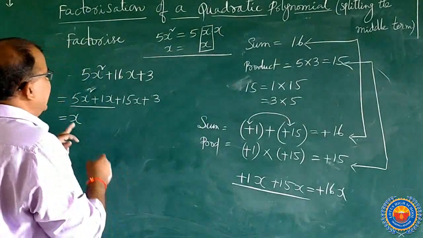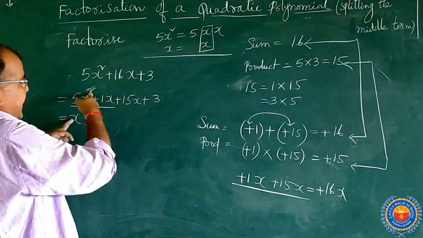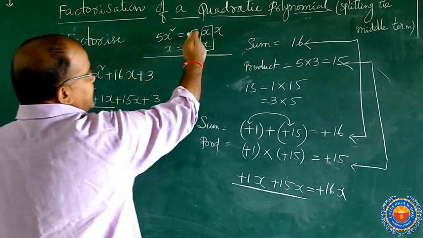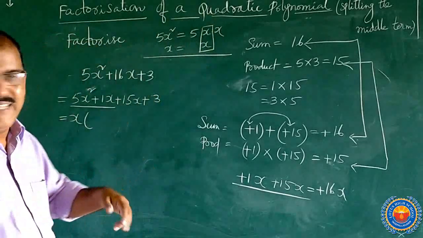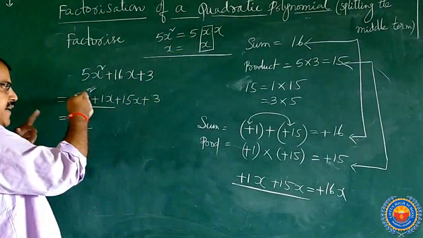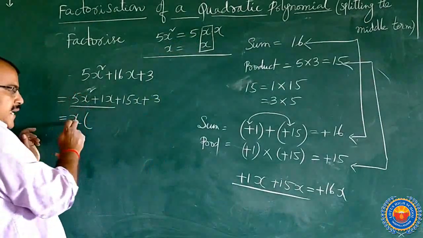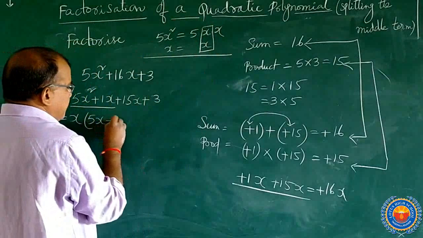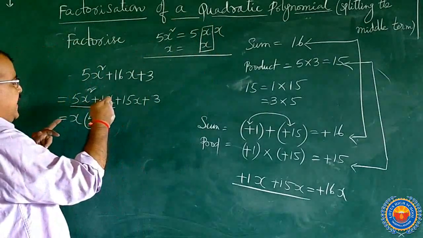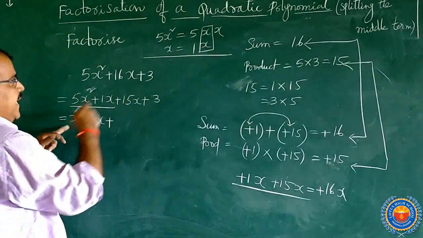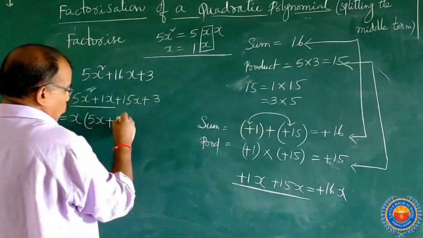Now 5x square divided by x, I get 5x, if you want to check. And 1x divided by x is nothing but 1.